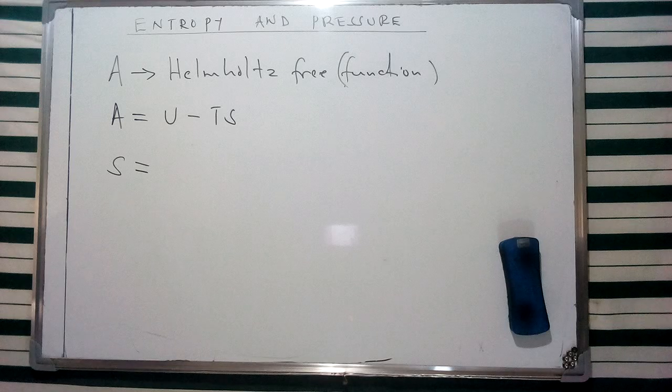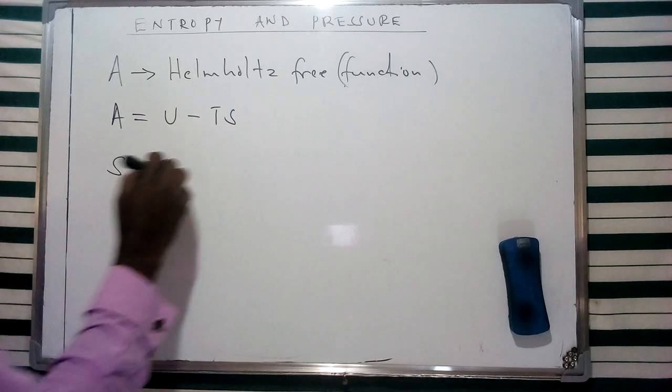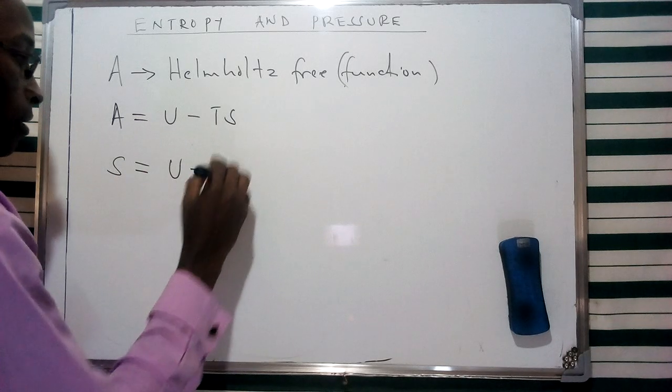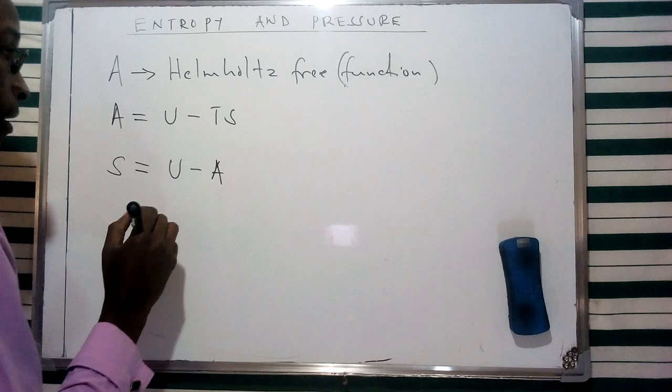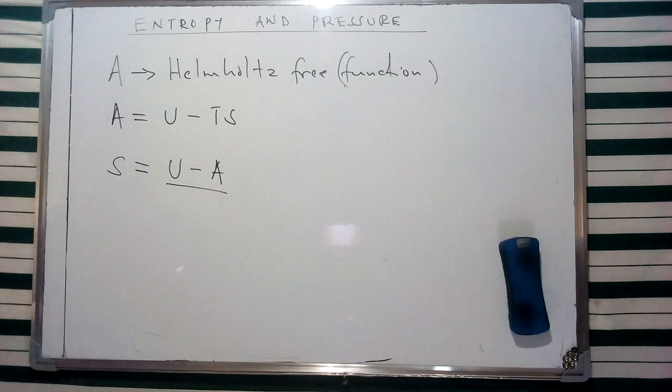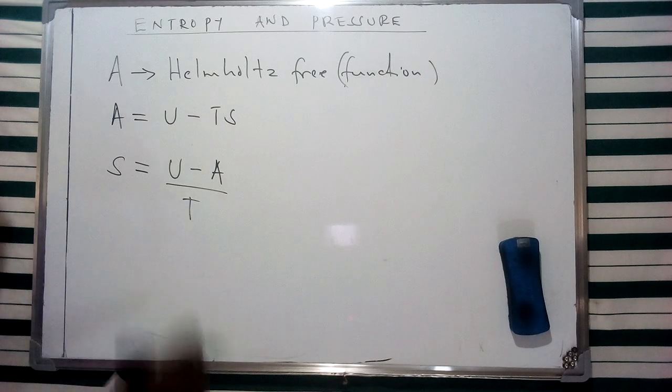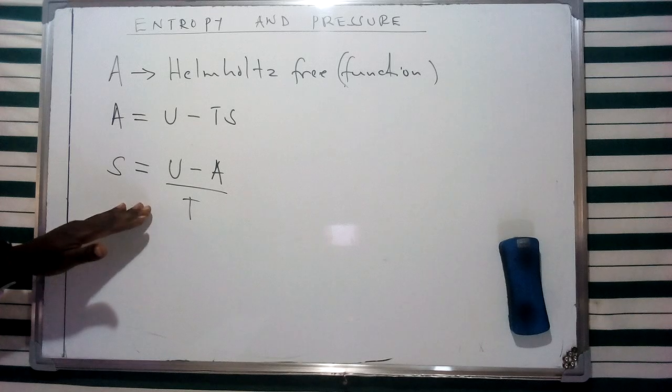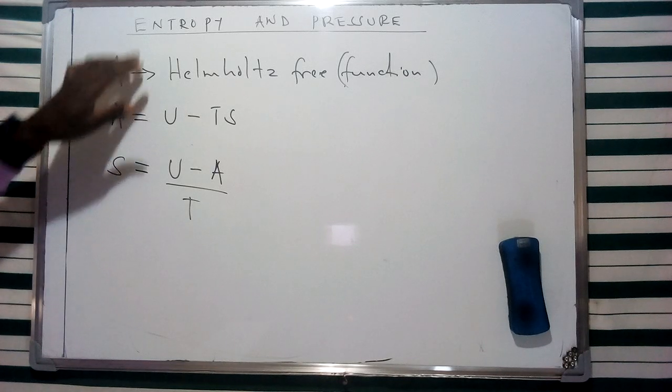So therefore, we're going to have internal energy minus Helmholtz energy, and of course, we're going to have this one divided by T, and this is going to give us the relationship between Helmholtz energy and entropy.